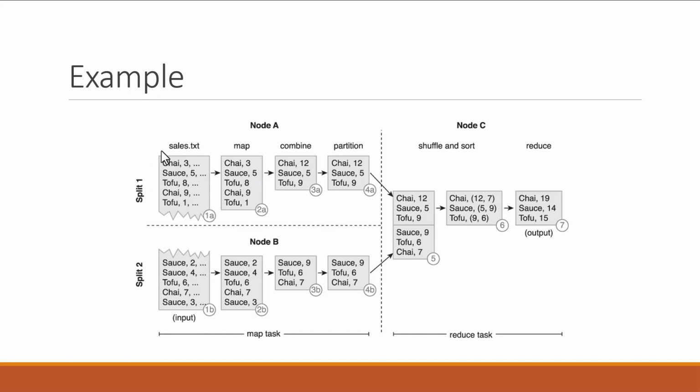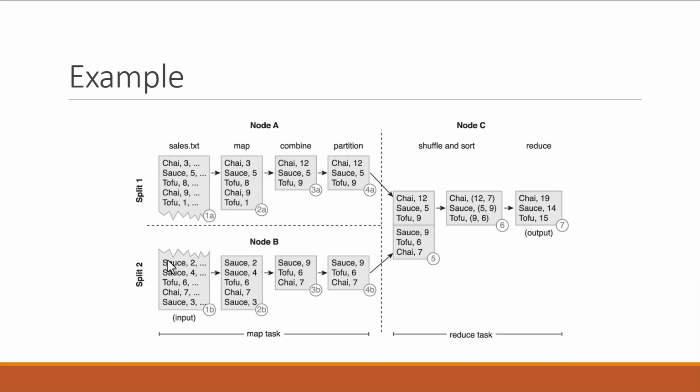So I've got node A and node B, each of which contain unique segments of the sales.txt file. So these are not replicants of each other. They're both different segments or fragments of the same file. So that means basically half of the transaction activity is going to be sitting on node A, half the transaction activity is going to be sitting on node B.